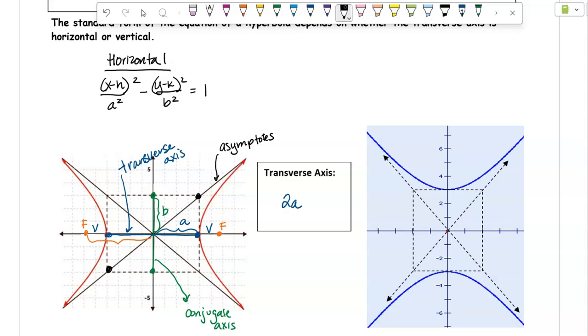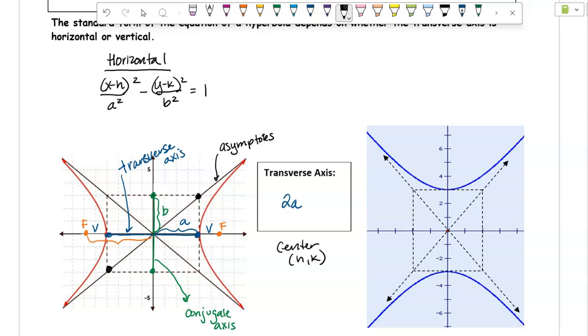Same things: our center is (h, k), so let's not forget that. a is the distance from center to vertex, b is the distance from the center to the endpoints of your conjugate axis, and c is your distance from center to focus.